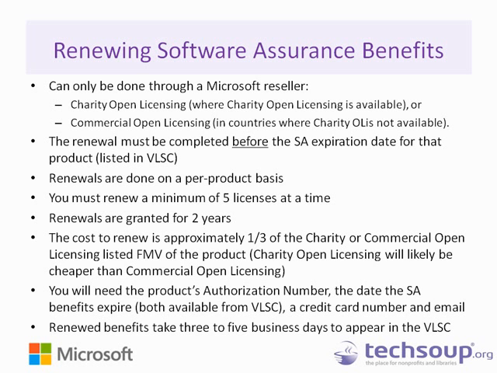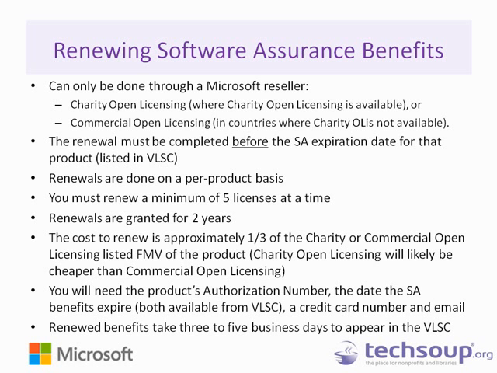So it tends to be a little bit more than the administration fee that TechSoup charges on a per product basis, but in some cases it's worth it to go the route of renewing rather than requesting new licenses. And I'll get into that in a moment.